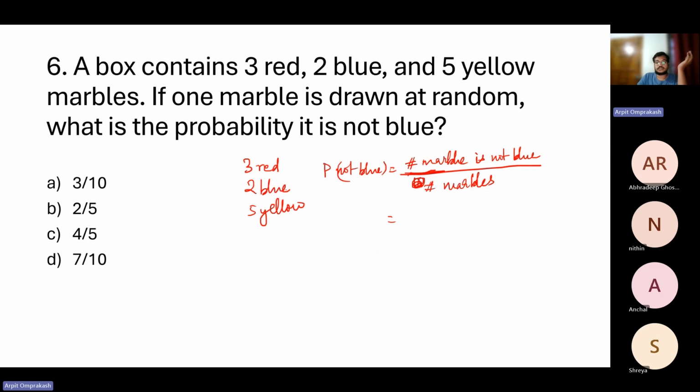The number of cases where the marble is not blue is 3 plus 5, which is 8. And the total number is 10. So it's 8 by 10, which turns out to be 4 by 5. So option C.